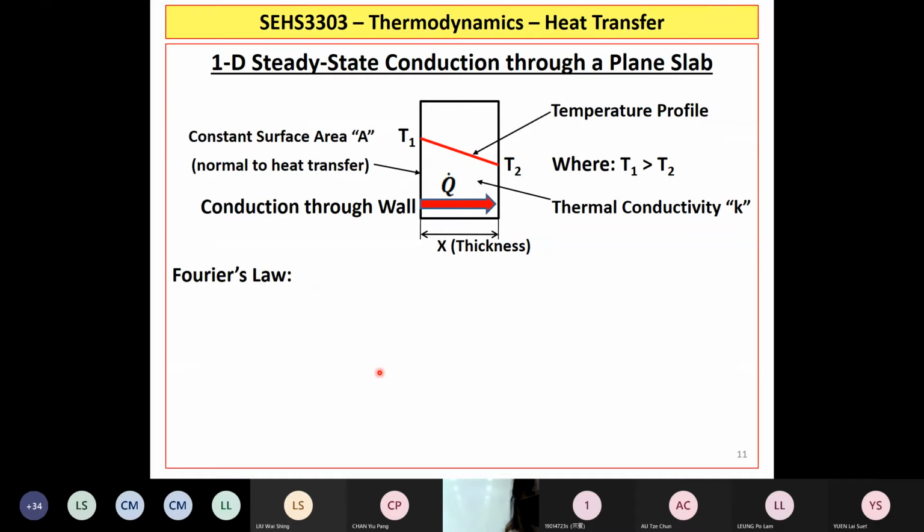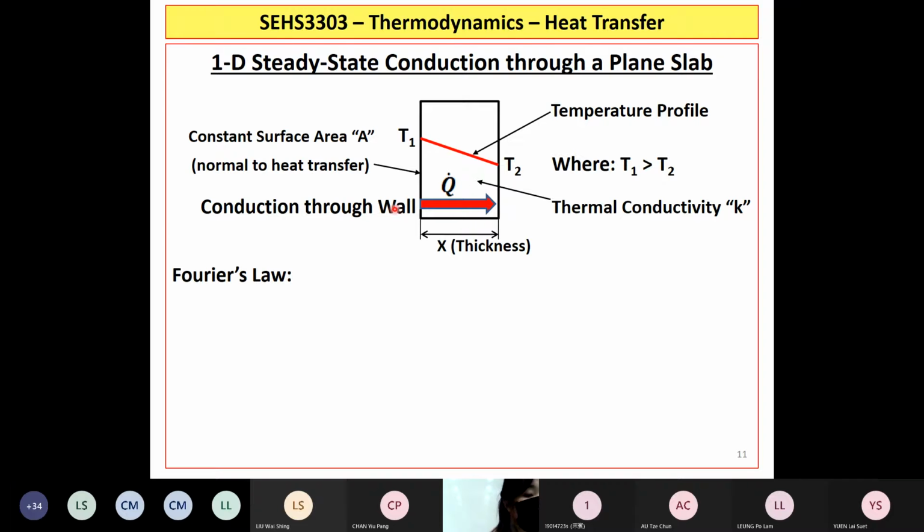Now, let's use Fourier's law to solve a conduction problem. First, in front of us is a plane. It is a solid, a slab. It has a constant surface area, which is normal to the heat transfer, because we assume one-dimensional steady-state conduction.